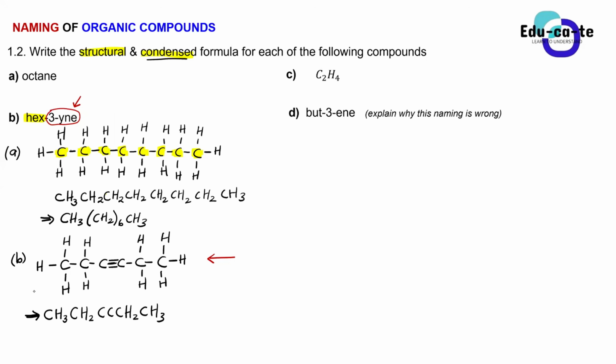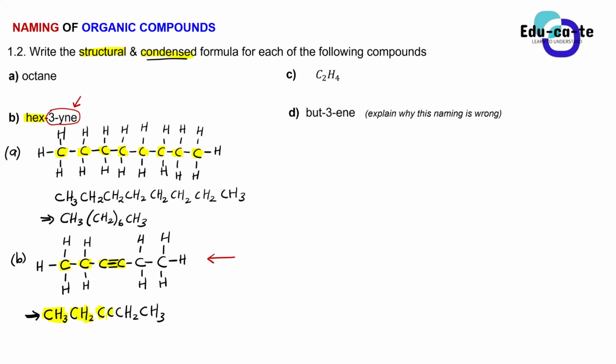You indicate that the first carbon is bonded to 3 hydrogens, so this is CH3. The second carbon is bonded to 2 hydrogens, this is CH2. The third carbon is just on its own, so you just write carbon, and it is bonded to the next carbon. Between carbon 3 and carbon 4, you also write that carbon as well.